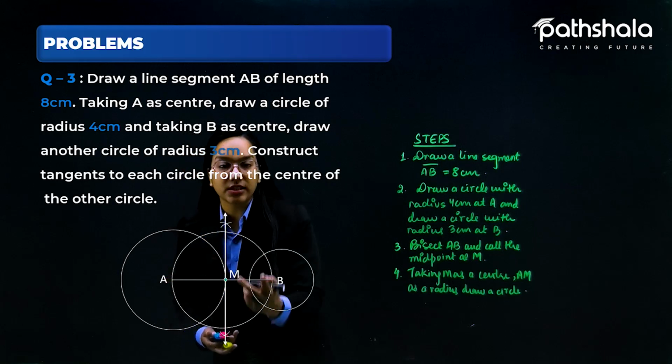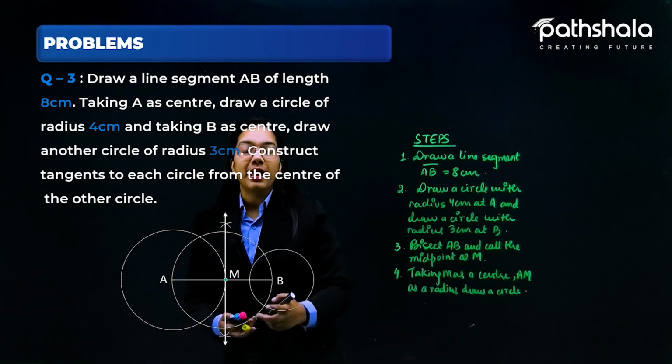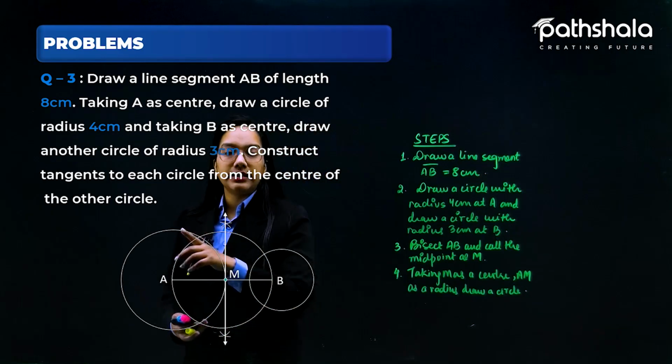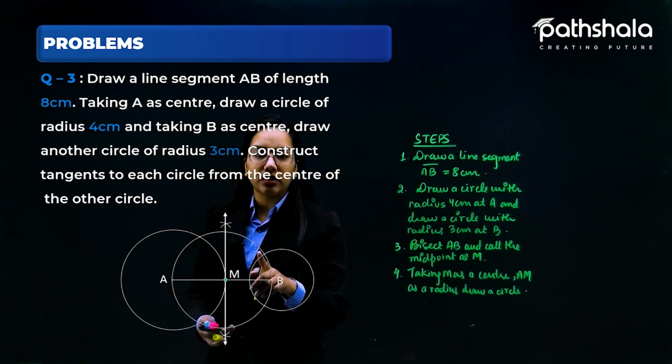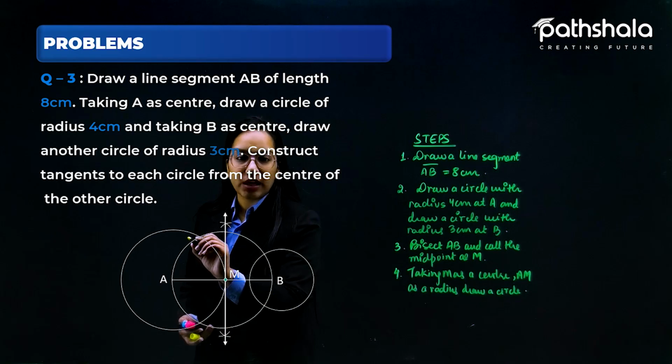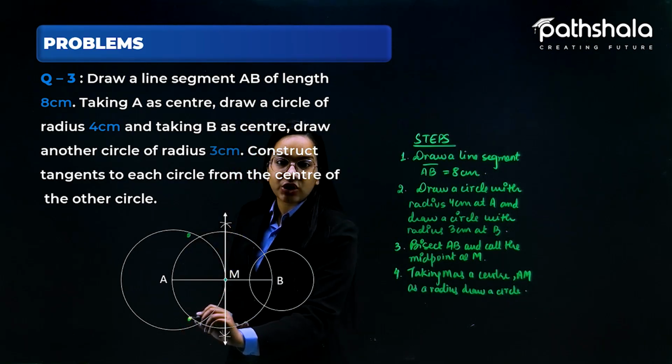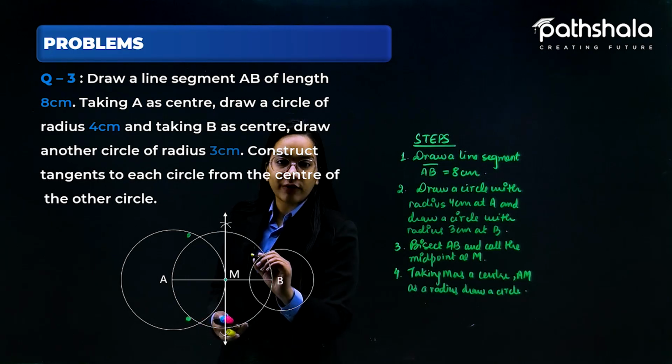I have constructed this circle in this particular form, and now we can see that this circle intersects this circle and this circle at exactly 2 points each. As you can see, this point and further this point of intersection, and this point of intersection.